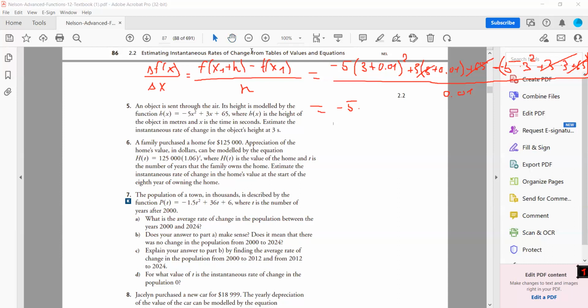It would be 9.0601 plus 3 times 0.001 would be 0.03. Now plus, because we open the brackets, minus turns into plus. 5 times 9, 45 plus 45 divided by 0.01.